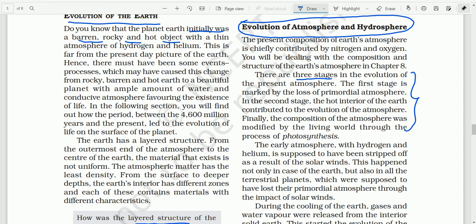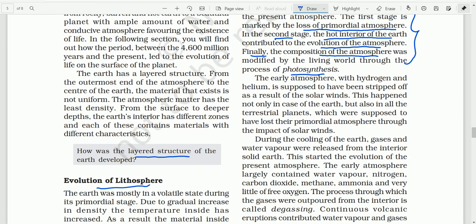The first stage is marked by the loss of the primordial atmosphere. In the second stage, the hot interior of the Earth contributed to the evolution of the atmosphere. And finally, the composition of the atmosphere was modified by the living world through photosynthesis.